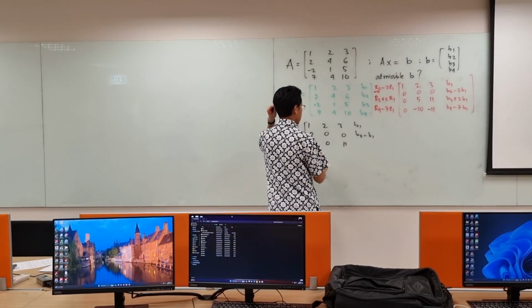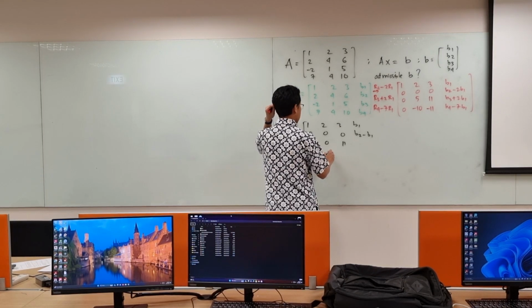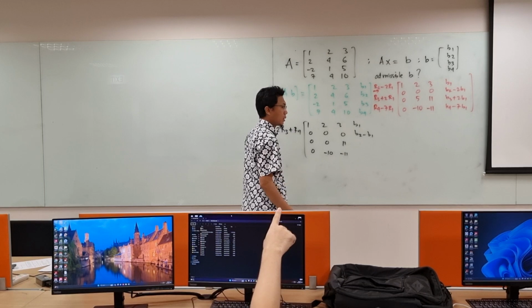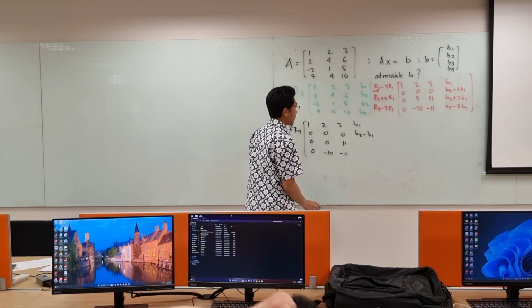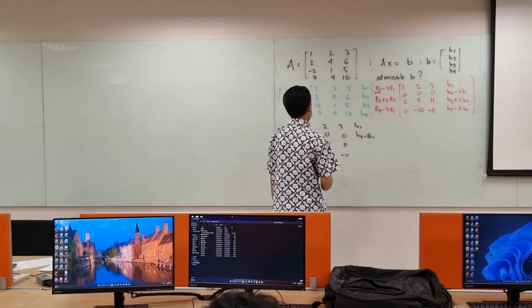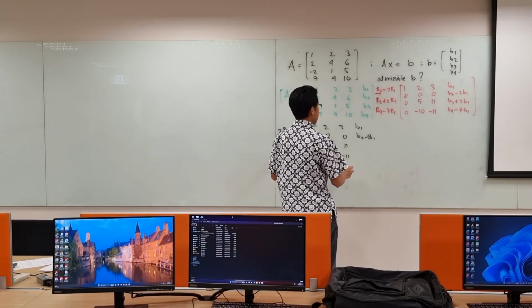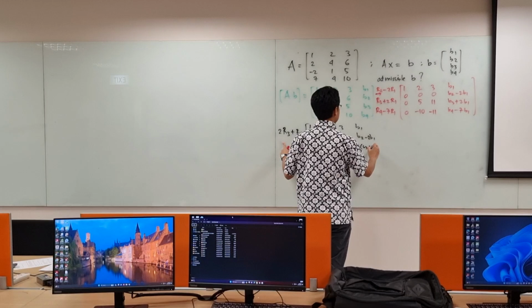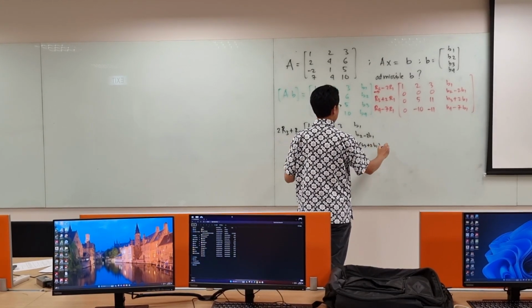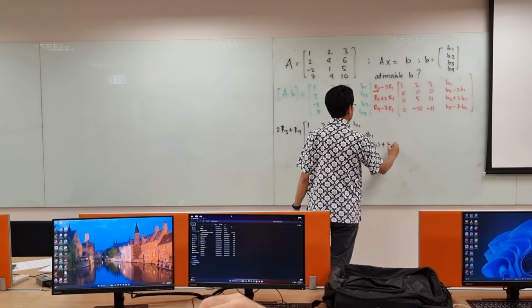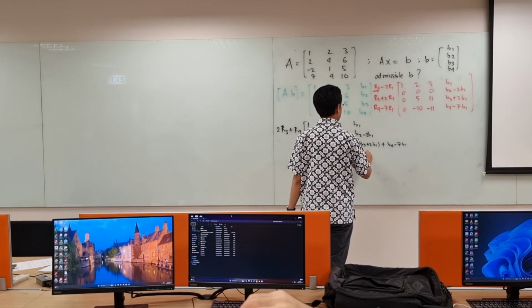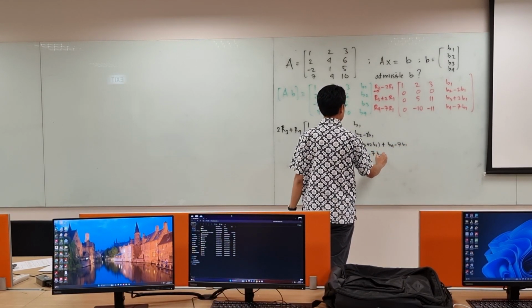That's 11 again. 0 minus 10 and minus 11. Okay, 2 row 3. This is 2B3 plus 2B1 plus B4 minus 7B1, and this is still B4 minus 7B1.